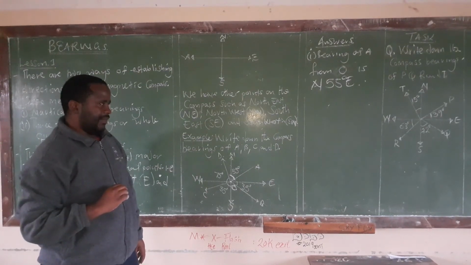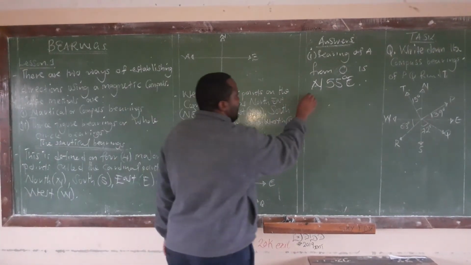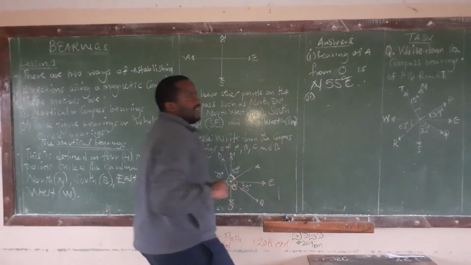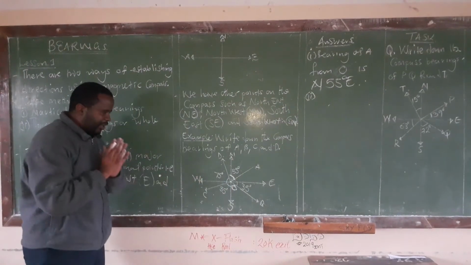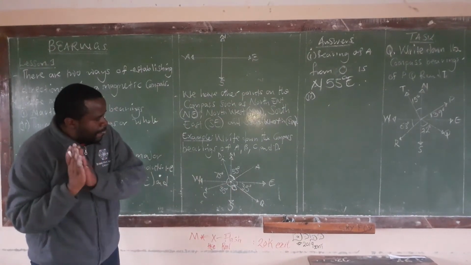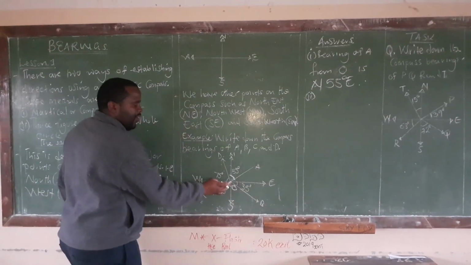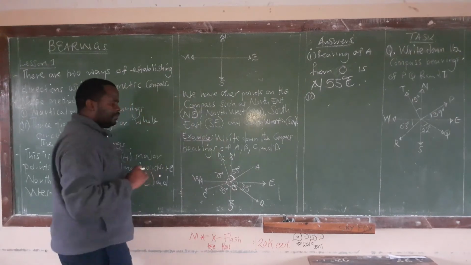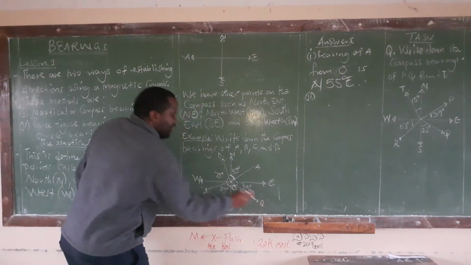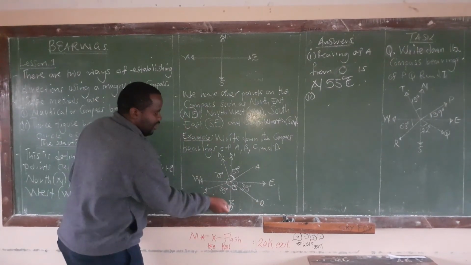I hope it's clear. Now the second one, that is B. I'm dealing with the bearing of B from O. So your reference point is what? O. But because B is on the southern part, the pole that you are going to use is the south pole.